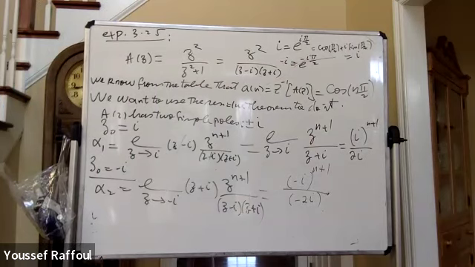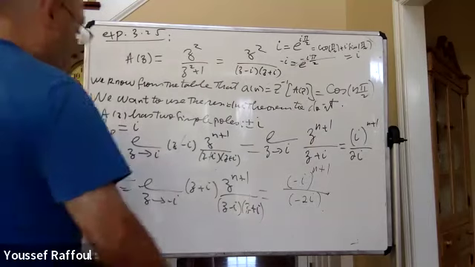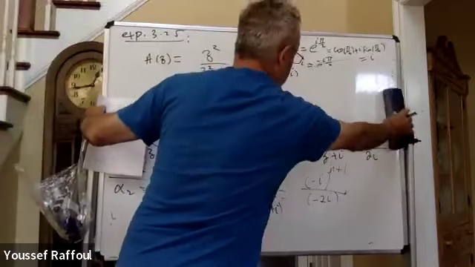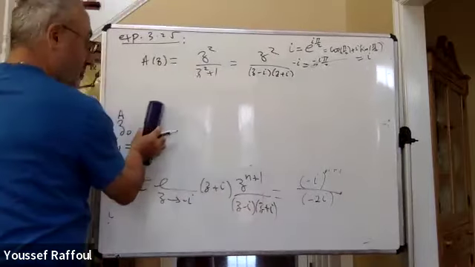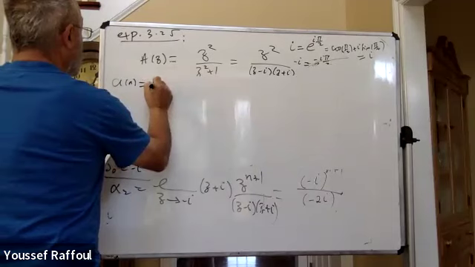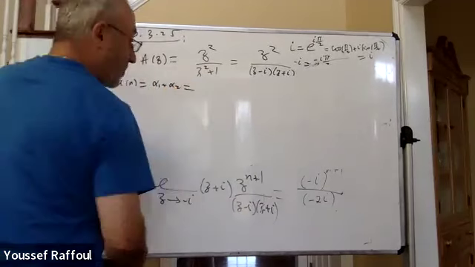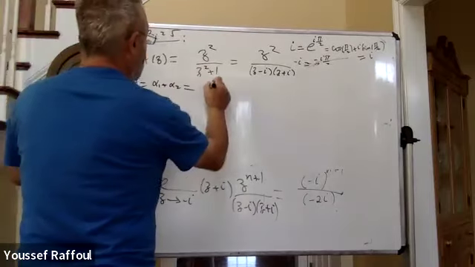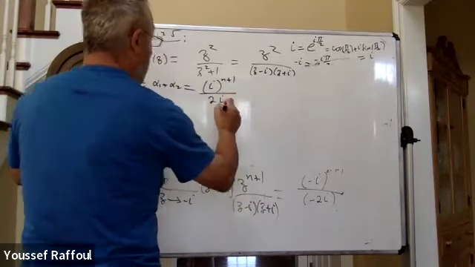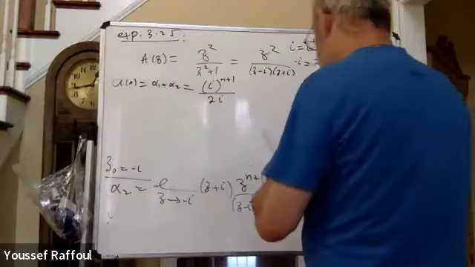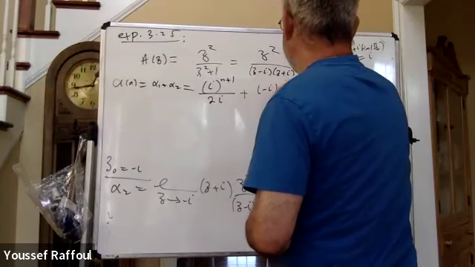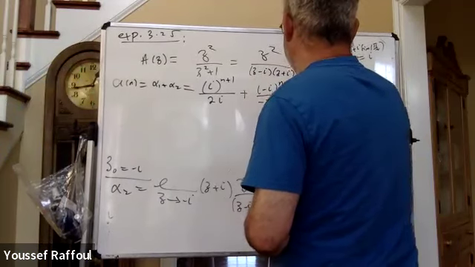You see what we're doing? So now A(n) is alpha 1 plus alpha 2, and alpha 1 was i to the power n plus 1 over 2i, plus minus i to the power n plus 1 over minus 2i.